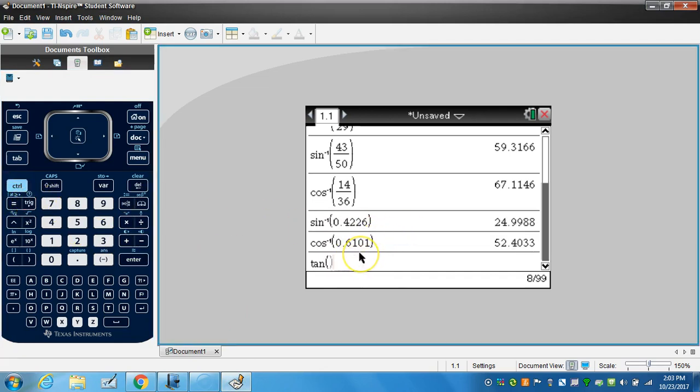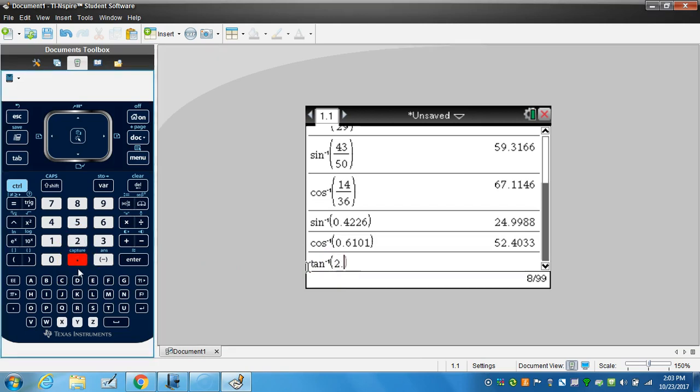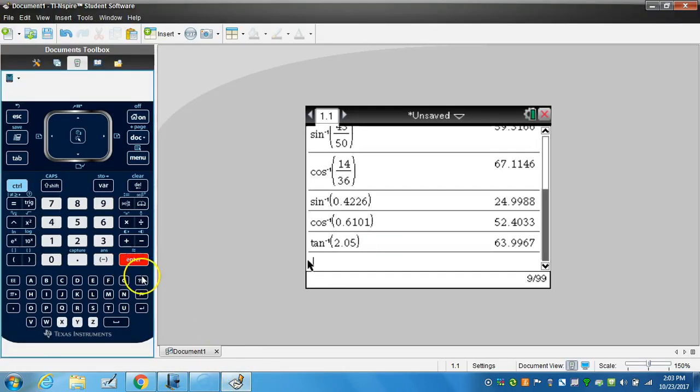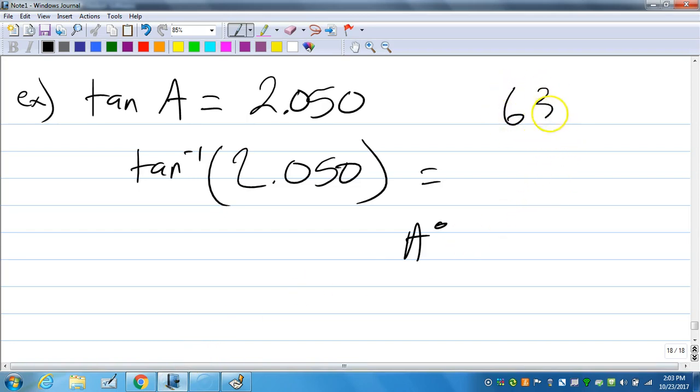Nope. See, I did the wrong one. Since I'm looking for an angle, it has to be the inverse of tangent. 2.050. 63.99 rounds up to 64 degrees.